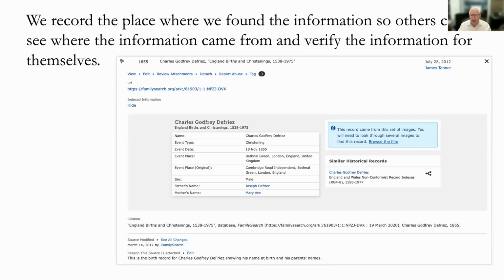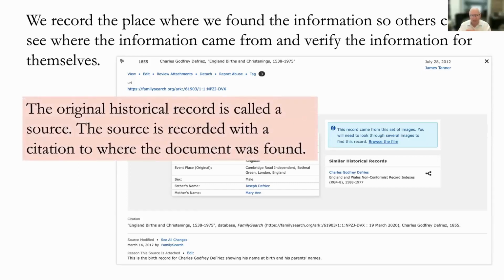Family Search, I put a birth date in there, and I don't put in where I got it or how I got it or where I calculated it. When I come to that, I have to do all the work over again. I have to go see if I can find this person and see if that birth date is correct, or if I even have the right person. So this is the essential part of keeping it all up.